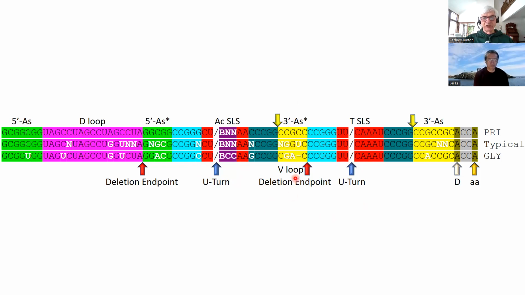And the variable loop, that's a CCGCC corresponding to CCGCC. This is a CGC repeat, 7-mer, GCG repeat. This complements that, and they form the acceptor stems of the tRNA.